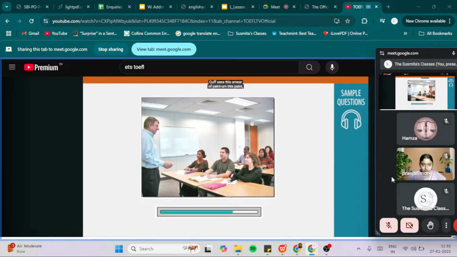Cuff sees this smear of paint and sees the whole situation, the whole world. And that's what the hero in a detective novel like this brings to it that the other characters don't. It's this ability to see meaning where others see no meaning, and to bring order to where it seems there is none.